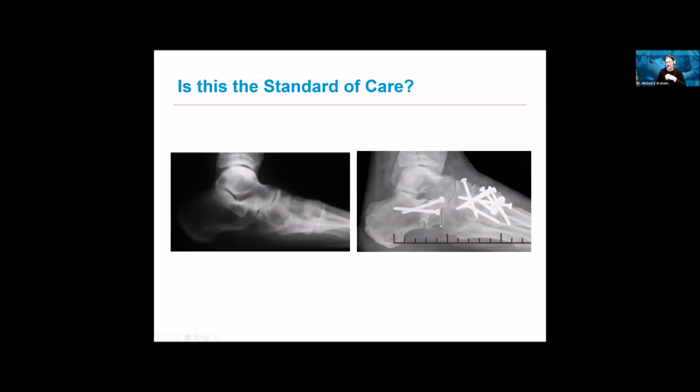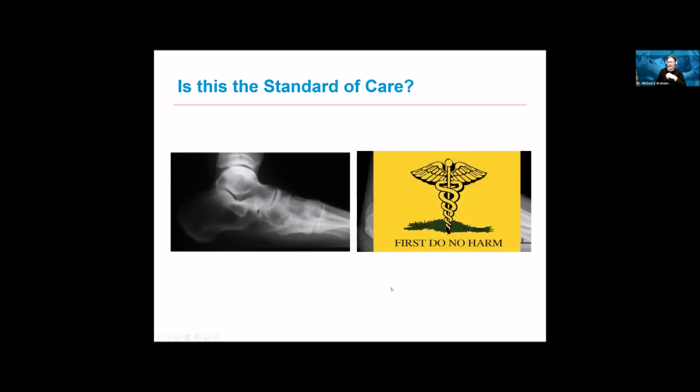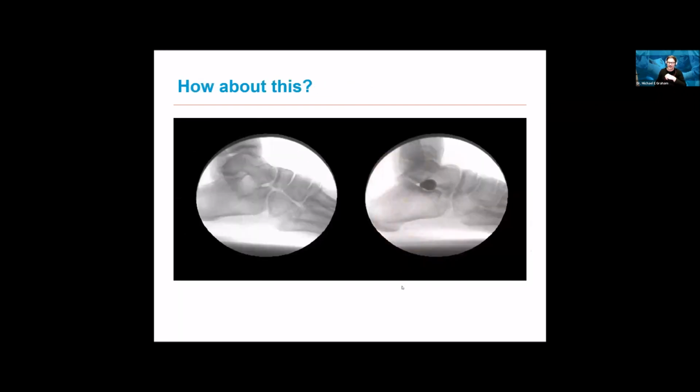So this patient's guaranteed to get arthritic changes in the calcaneocuboid and the talonavicular joint, and probably going to end up with ankle joint arthritis as well. So this is harmful. There are other conservative options that could have potentially achieved the same results. So this does not follow the standard of care when you perform a surgical procedure like that.